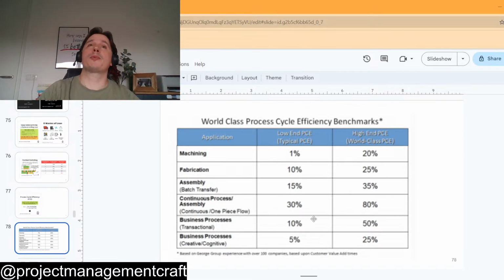Let's assume that you're a project coordinator or a junior project manager, and you want to add value. If you start to work with your team to map, measure and identify those things, you're already going to be seen as a very different type of professional, because you're not going to see a lot of people discussing those numbers.